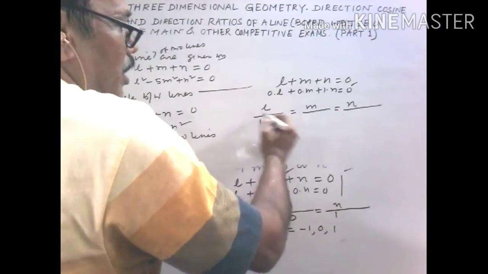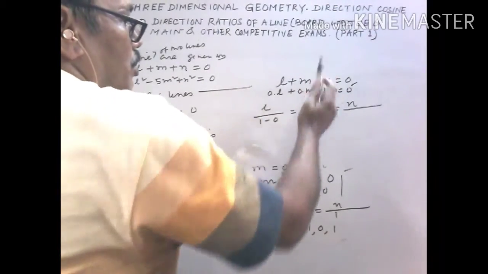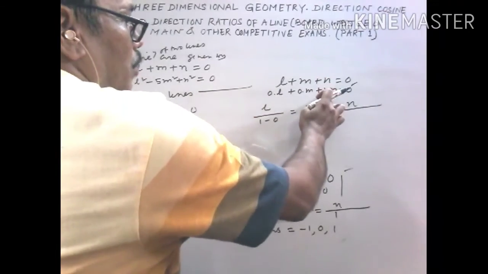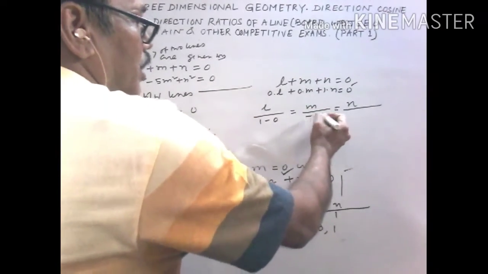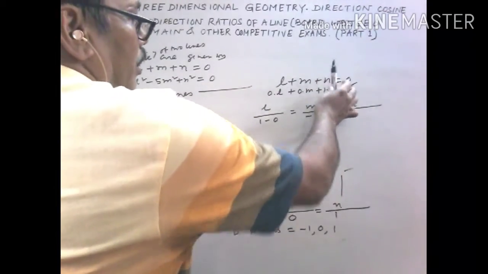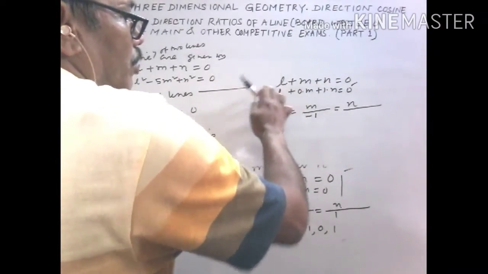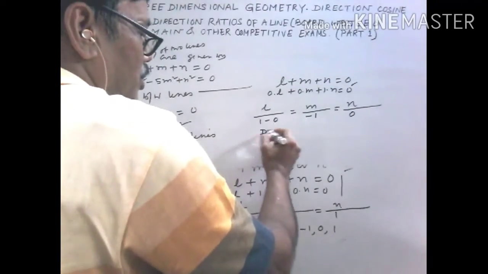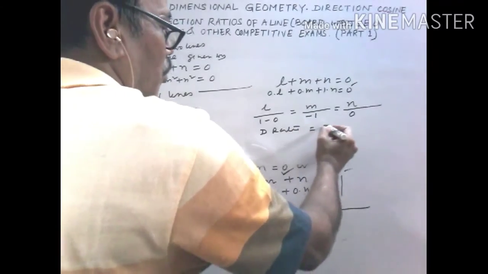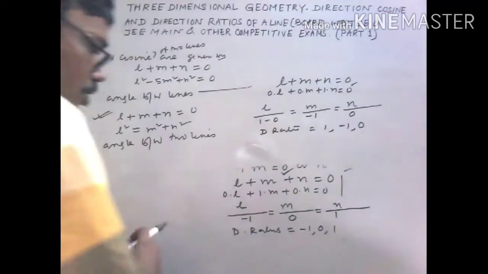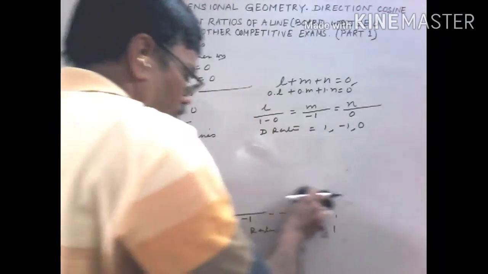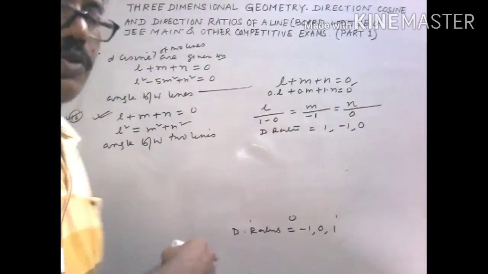And this into this is 0, so 1 minus 0. m, so 0 into 1 and minus, so this is minus 1. And n, this one is 0, this one is 0. So what are the direction ratios? 1, minus 1, 0. Now the direction ratios of the two lines are known.